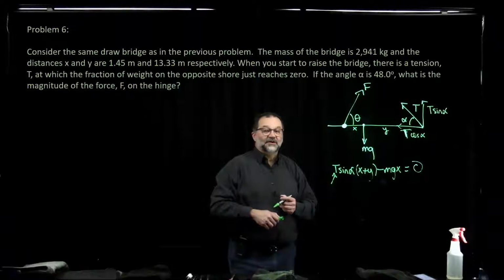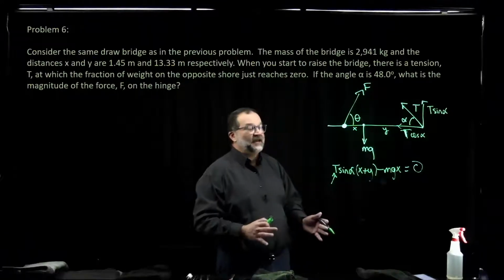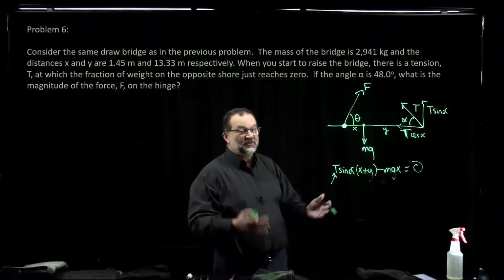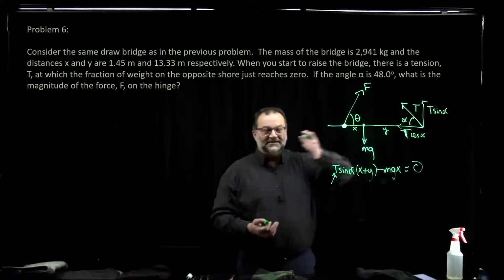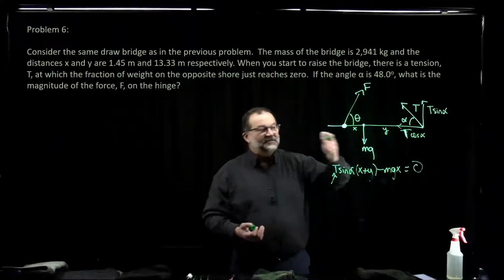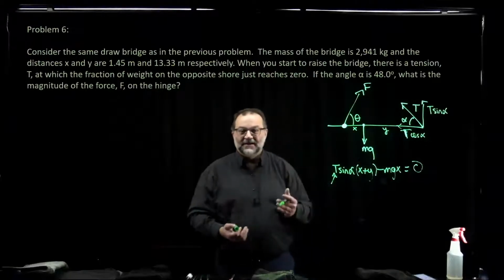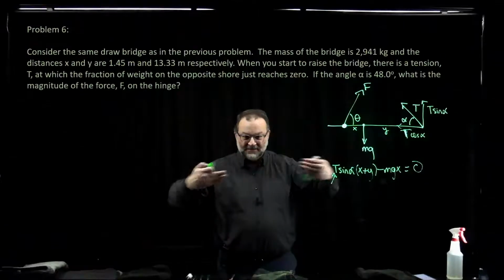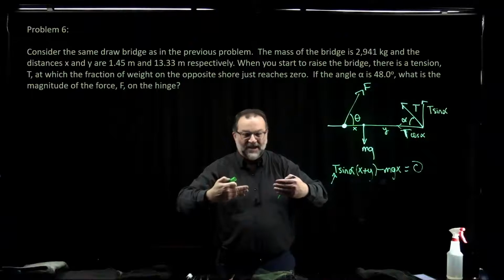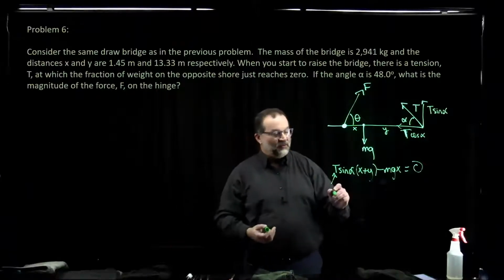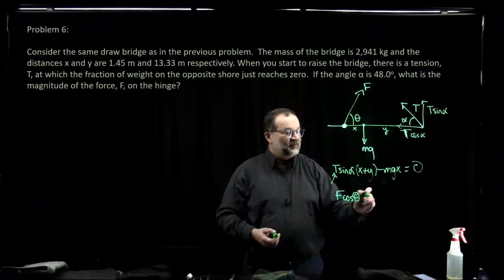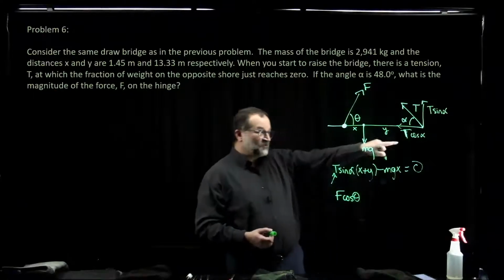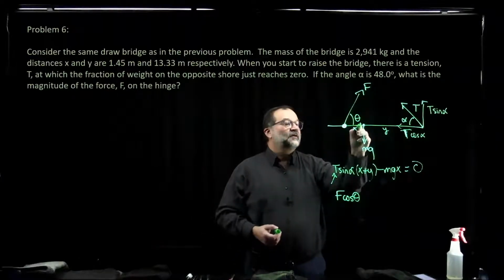What's the other thing we know about this? On this hinge, what else can we say? Well, let's ask one simple question. Let's look in x. Is the bridge moving side to side at all? If it's not moving side to side, that means the forces on it going side to side have to balance. And so that would be F cosine theta minus, because F cosine theta is in this direction, right?